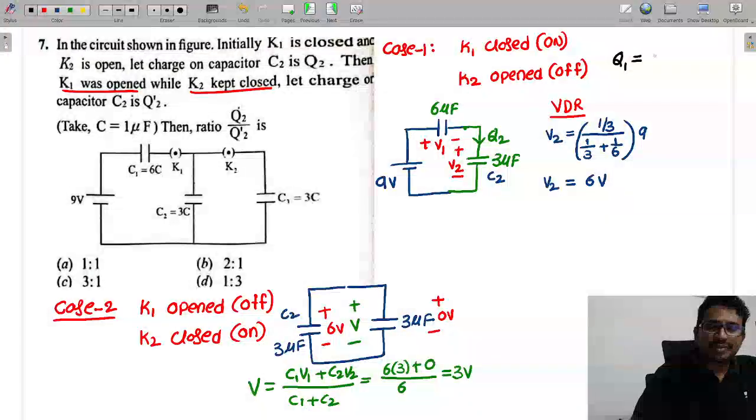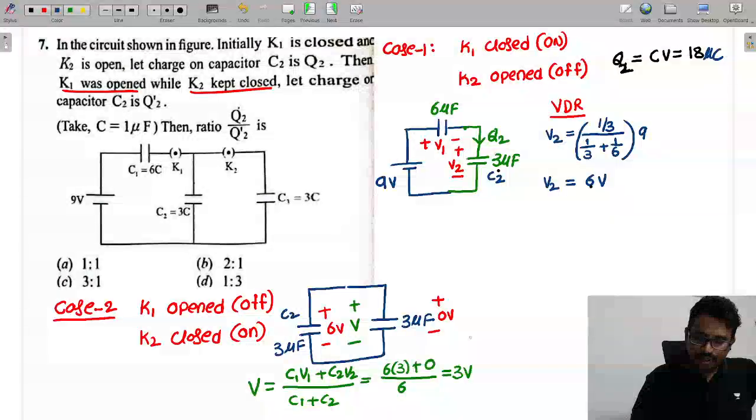So Q is equal to C into V. How much is this value? 6 into 3, so 18. So this is 18 microcoulombs.